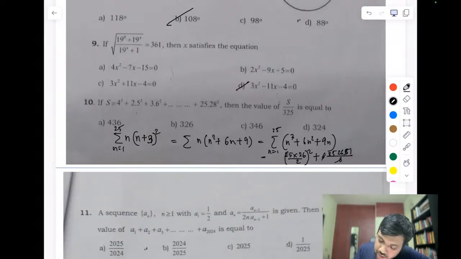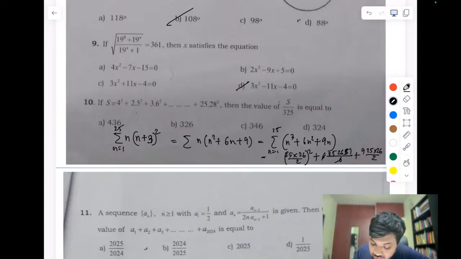Plus 9 into summation n, which is 25 into 26 by 2. That's the summation. Once you get it, you simply divide by 325.